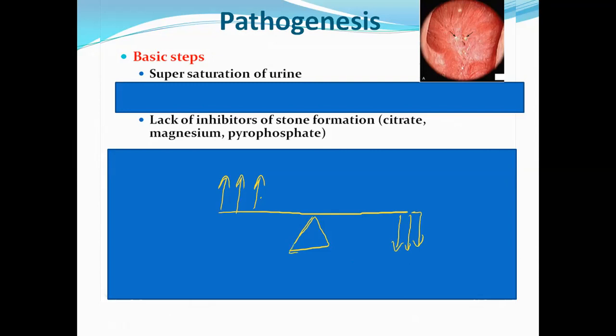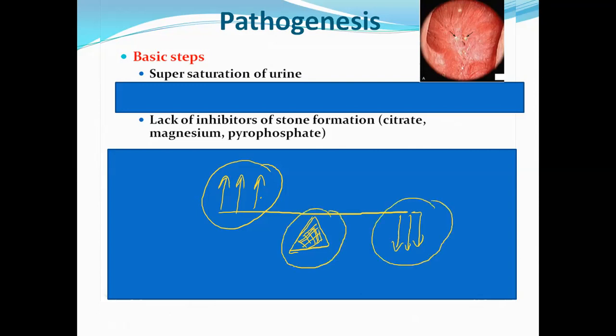These are known as inhibitors, like citrate, magnesium, and pyrophosphate. There is always a balance between these two, and we also have a lot of urine or water that always wants to dissolve the solute. So there are solutes that want to make a stone, inhibitors that want to prevent the stone, and water that always wants to dissolve the electrolytes.